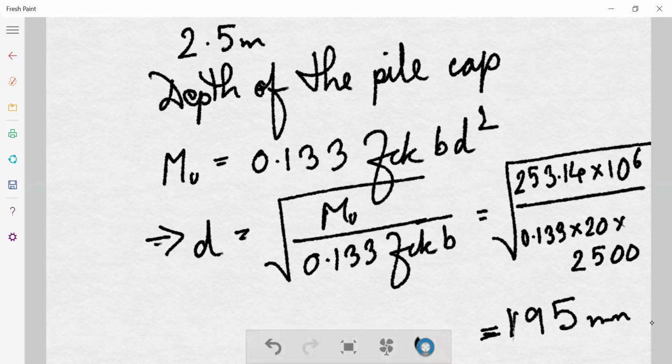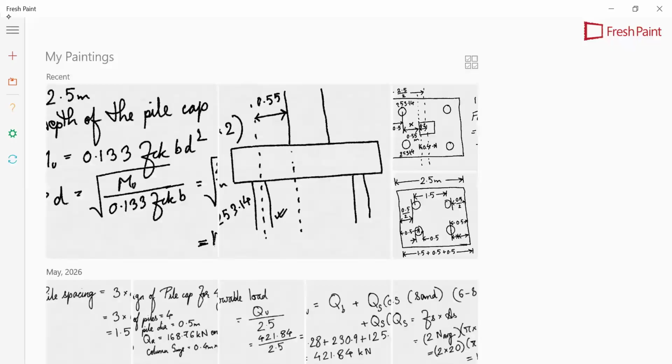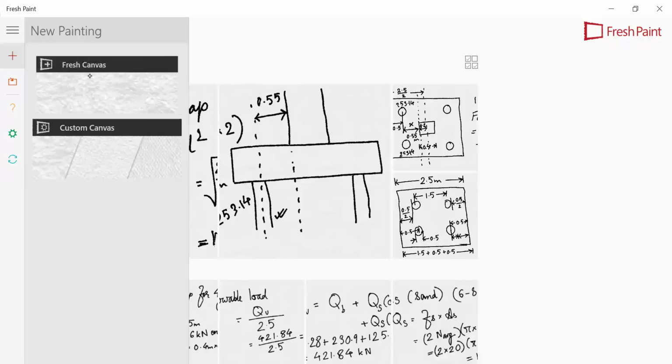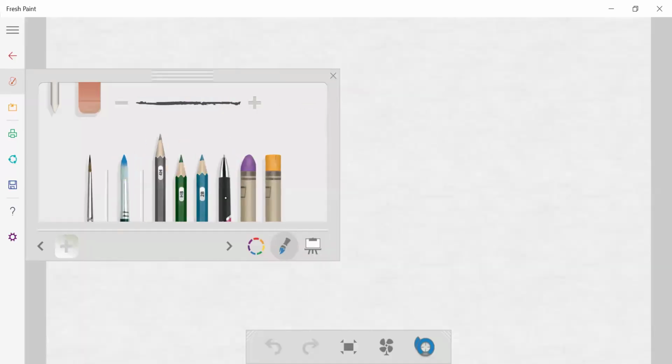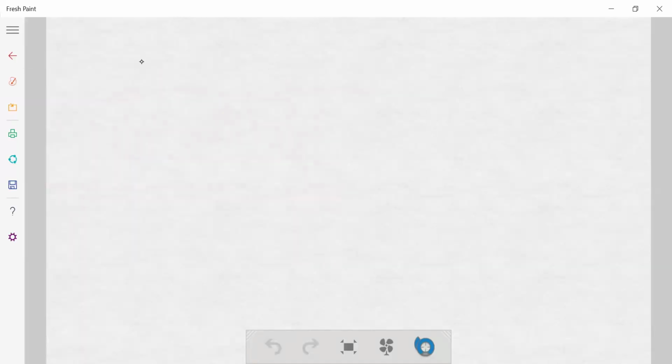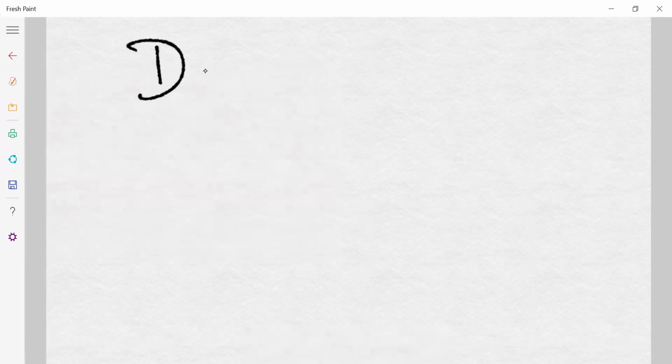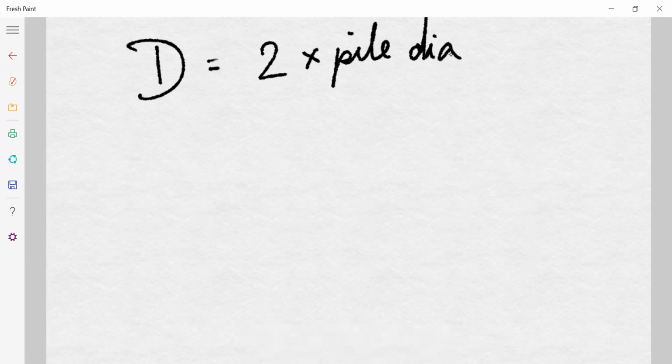But we don't provide so less depth of a pile cap. We don't generally provide so less depth for a pile cap. So what we do is we don't go with that. We take the depth of the pile cap, suppose D, as twice of the pile dia at least. It is a convention.